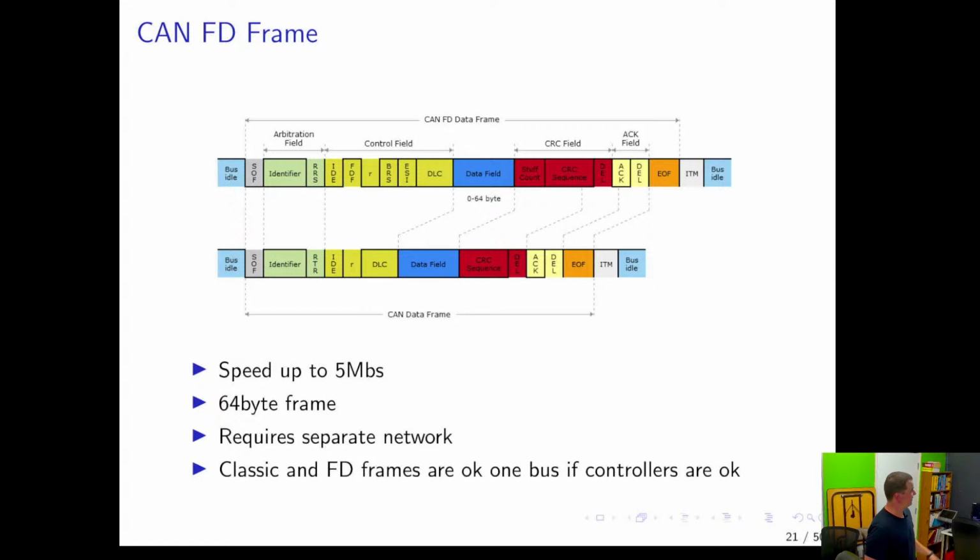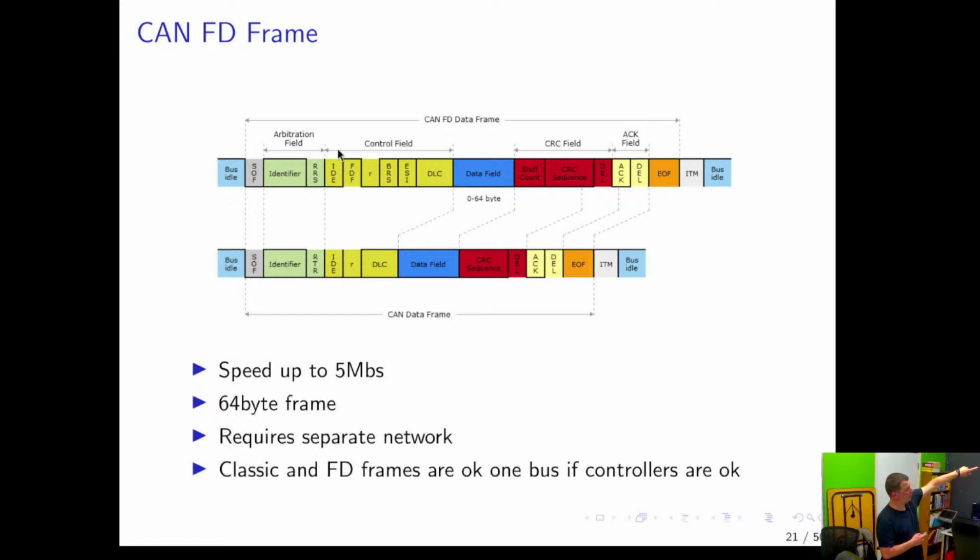So this is a CAN FD frame. It's flexible data rate is what FD stands for. The lower frame is what we had a few slides ago. This is the standard classic frame. There's the ID and then the reserve bit.